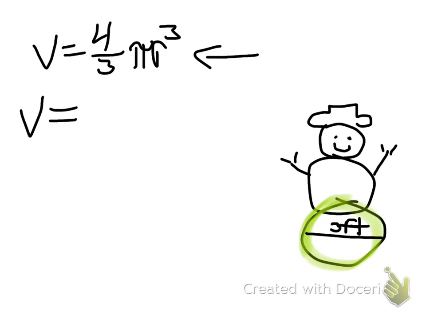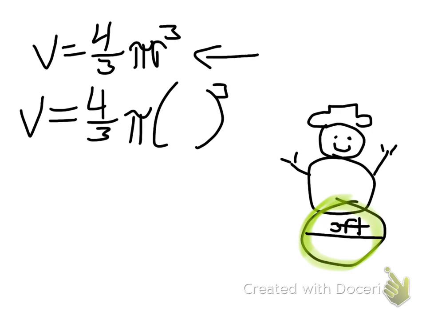So volume equals 4/3 pi, and we'll plug in r. Did they give us r? Well, they gave us a diameter of 3. Across my snowman measures 3 feet, so my radius is 1/2 that, so my radius equals 1.5. So I'll plug in 1.5, and that's 1.5 cubed.